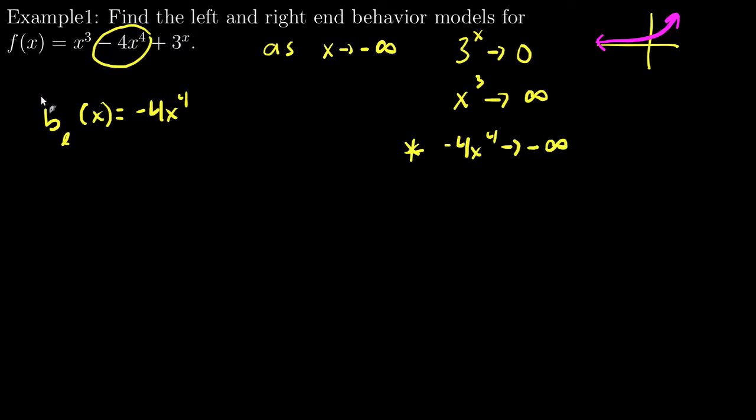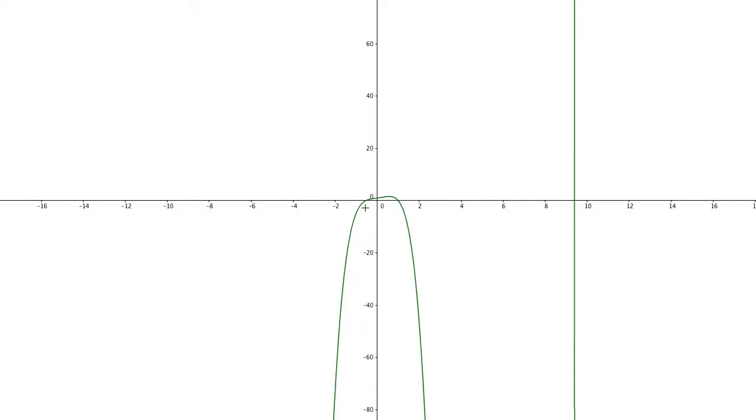I want to see which makes the biggest difference to the function. Let's see what this looks like. So here is my original function. Here is the left end behavior. I'm going to have to create a new function to show this. I want to see that on the left, the ratio of the green to the red approaches 1.